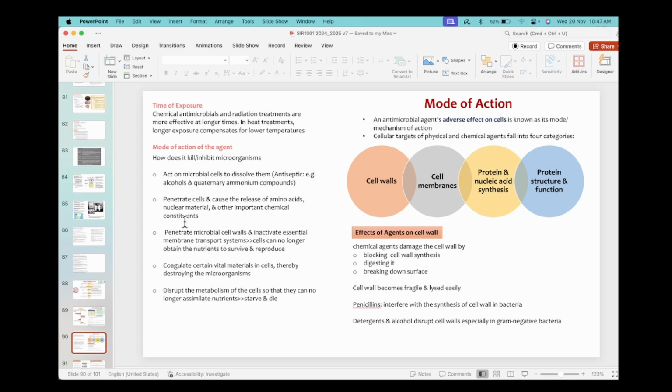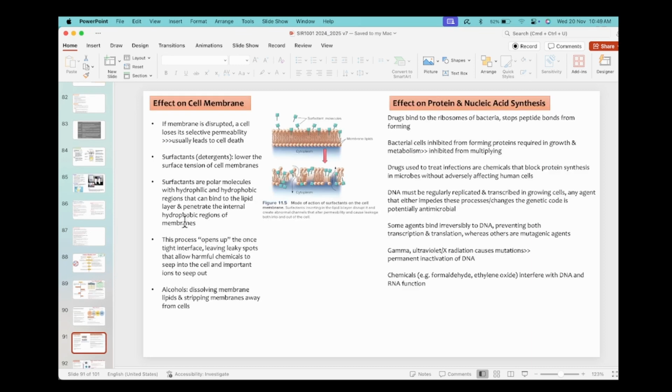Beta-lactam is the main structure in the penicillin antibiotic. And if a bacteria has the enzyme to break down the ring structure, that means it can prevent the antibiotics from working. For cell membrane, usually it's the surfactants, detergents.